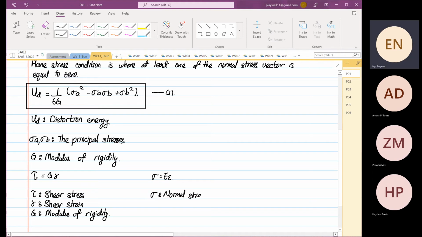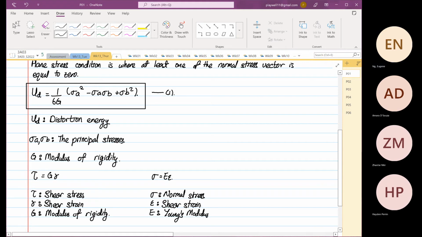Sigma is our normal stress, epsilon is our normal strain, and capital E, our Young's modulus. So G is used in shear. Young's modulus E is for normal stress.